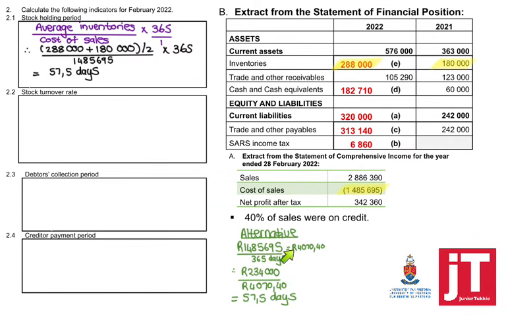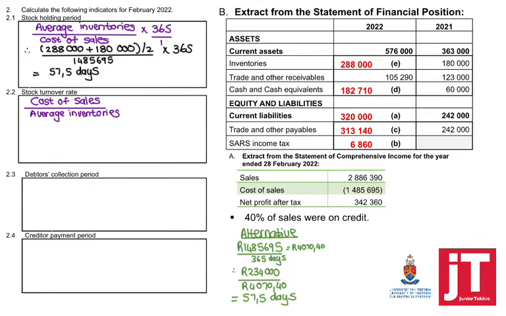You could have also used an alternative by taking your cost of sales divided by 365 days. That equals per day what was the cost of sales. Then we take the average inventories, that is 288,000 plus 180,000 divided by 2, and we divide it by the cost of sales per day, and take note, you will get exactly the same answer.